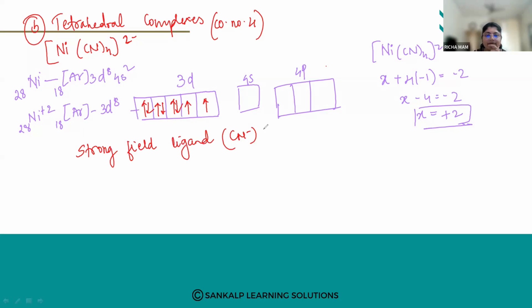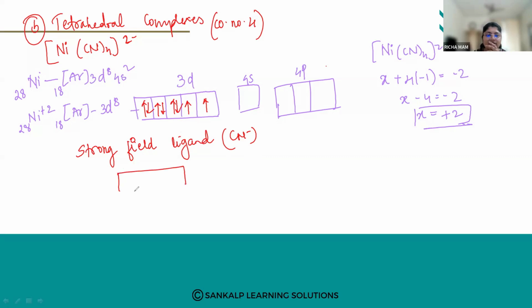Electron pairing will take place, yes or no? Yes, it will take place. Very good. So under the influence of a strong field ligand like cyanide, electron pairing will take place.